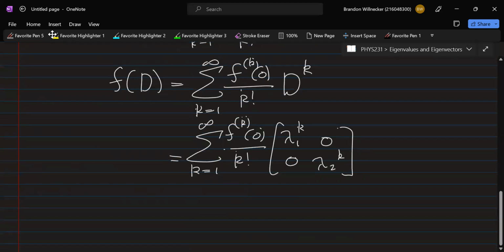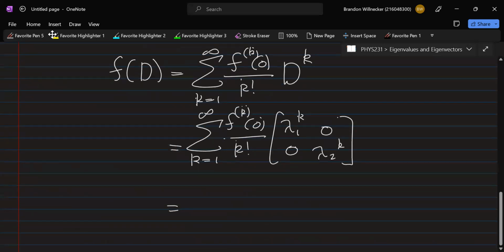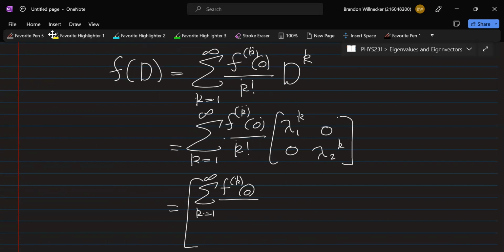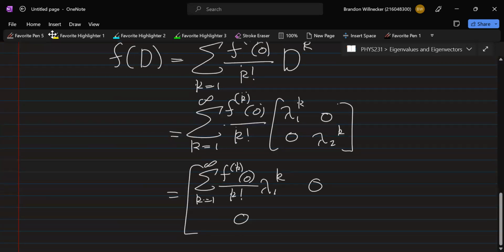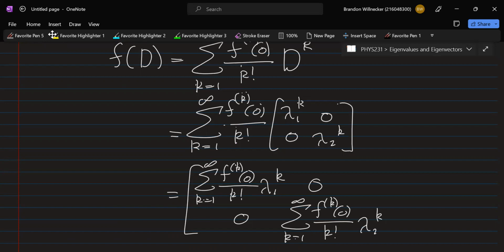Okay, but the summation we can take inside the matrix, and the constant we can take inside. All of that's fine. So this becomes the sum from k equals 1 to infinity, f to the k at 0 over k factorial, lambda 1 to the k, 0, 0, and then we have the same series here, k equals 1 to infinity, f to the k at 0 over k factorial, lambda 2 to the k.